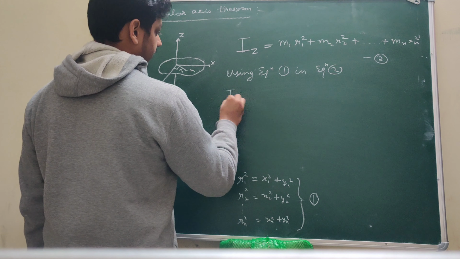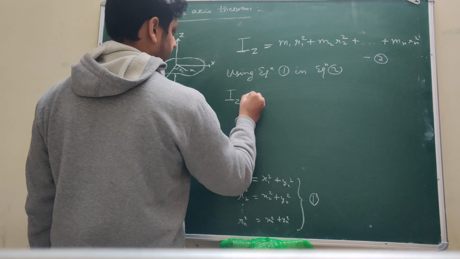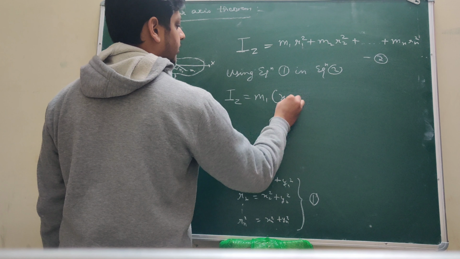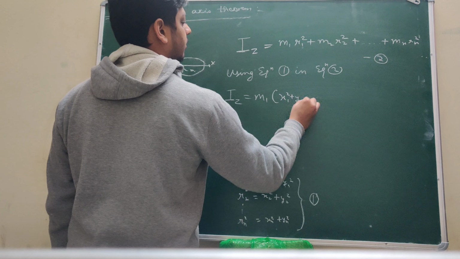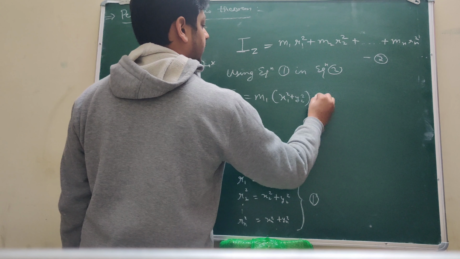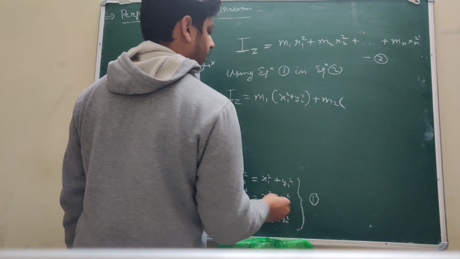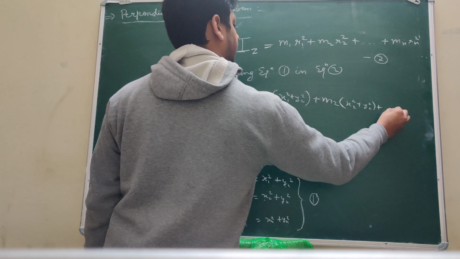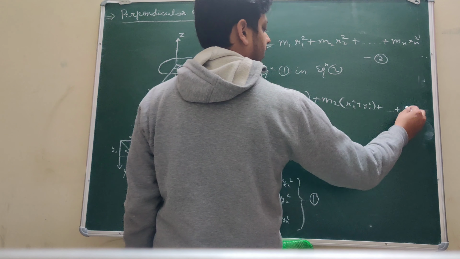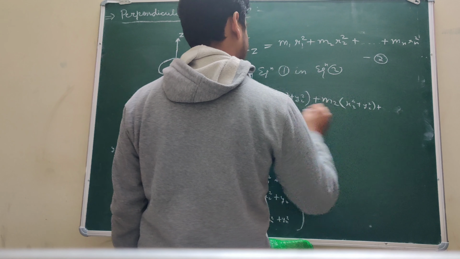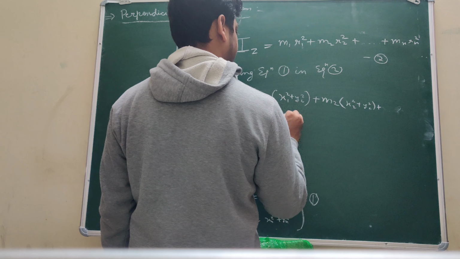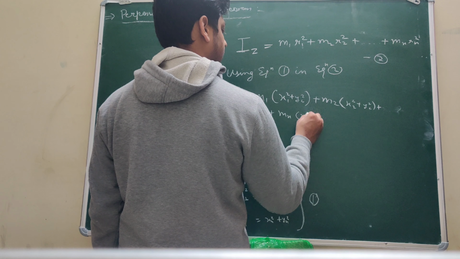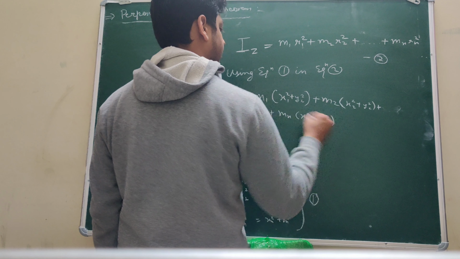What we will get, Iz is equal to m1 times x1 square plus y1 square, plus m2 times x2 square plus y2 square, up to and so on, mn times xn square plus yn square.